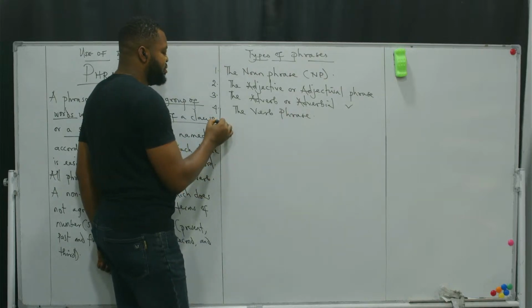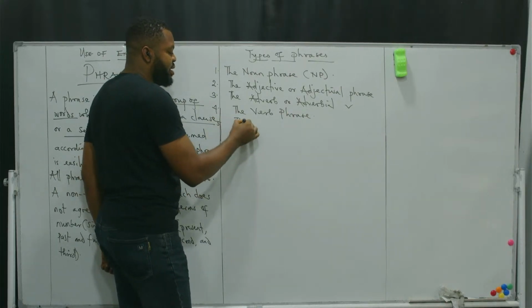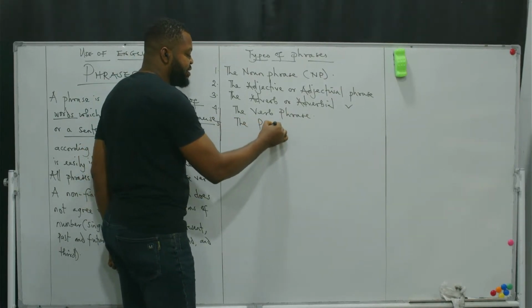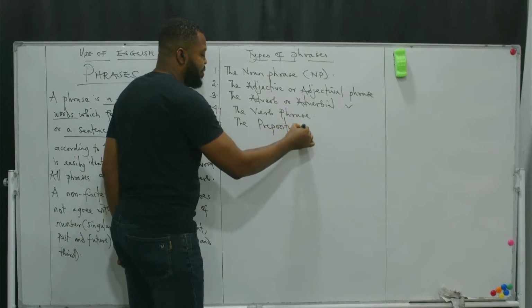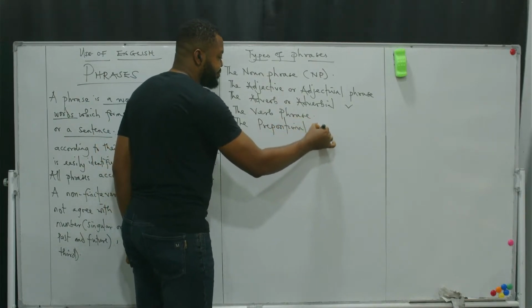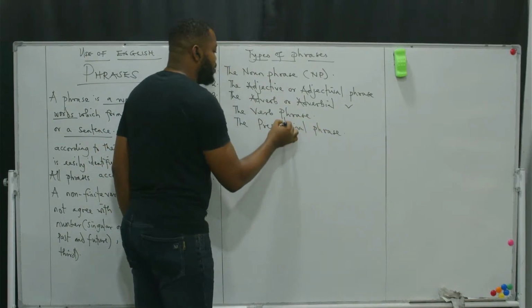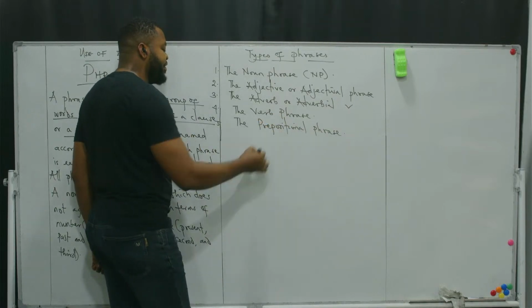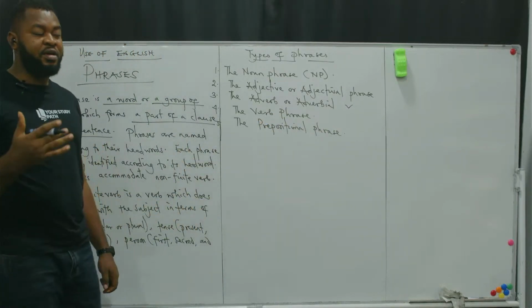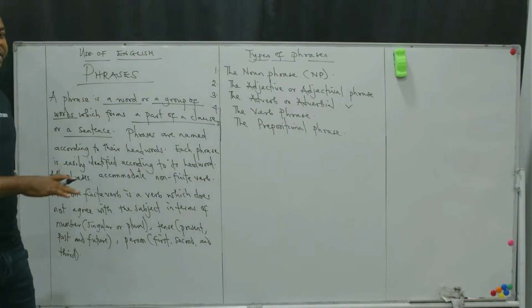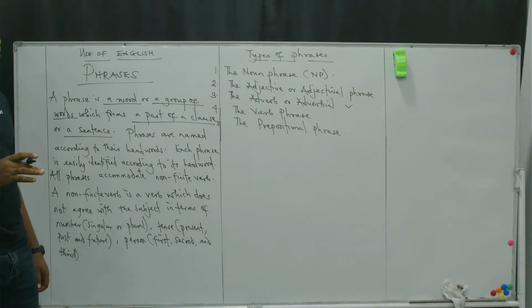And then the fifth one is the prepositional phrase. So class, we're going to be looking at each of these phrases one after another. We're going to consider all these 5 types of phrases one after another.